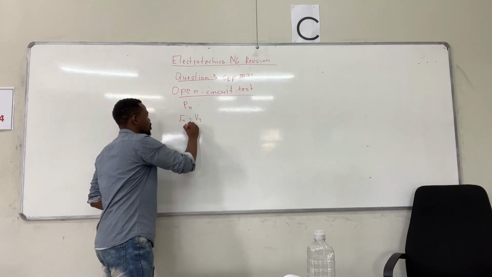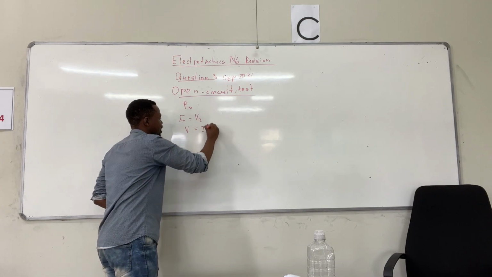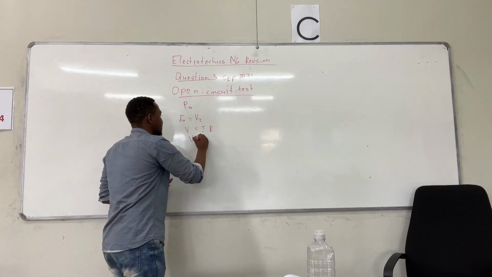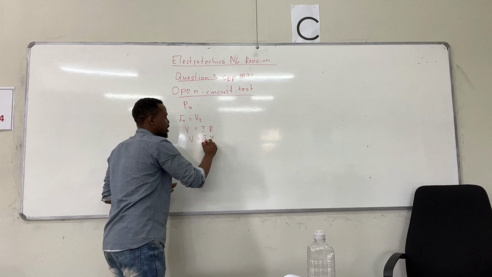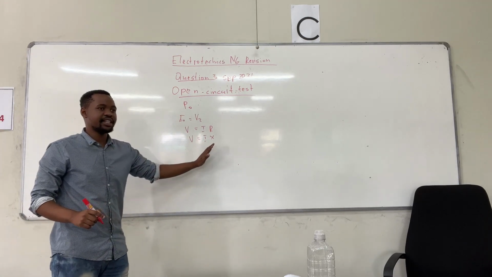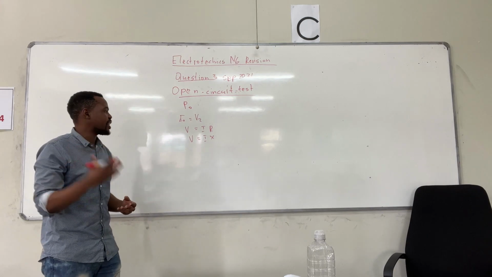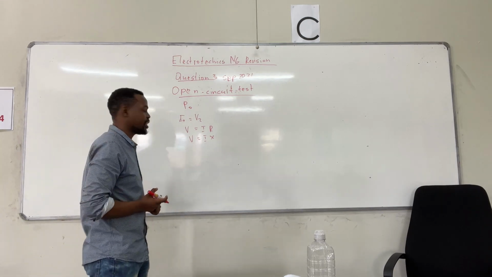Internal voltage drop equals current times resistance, or current times reactance. A transformer is an inductive circuit.